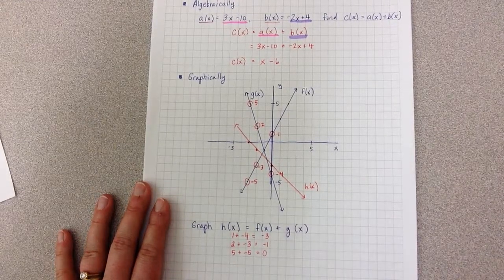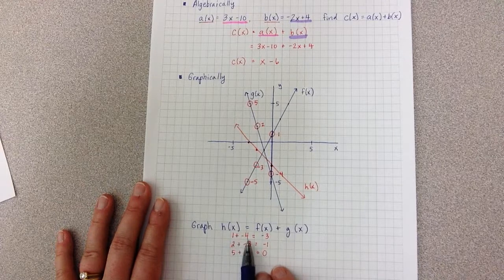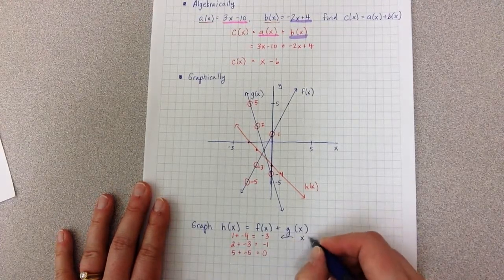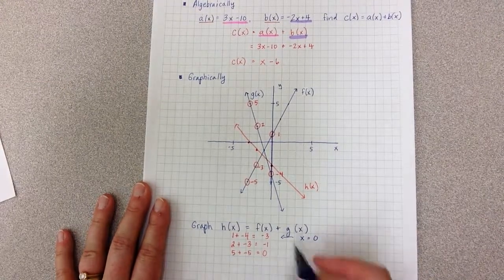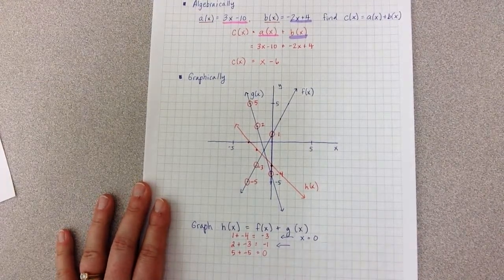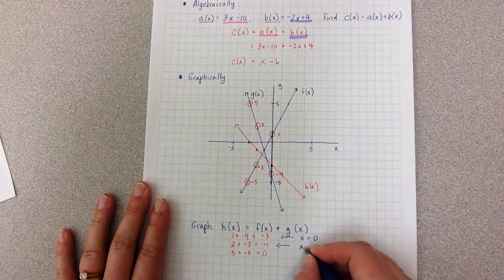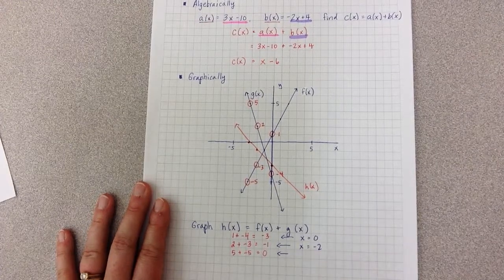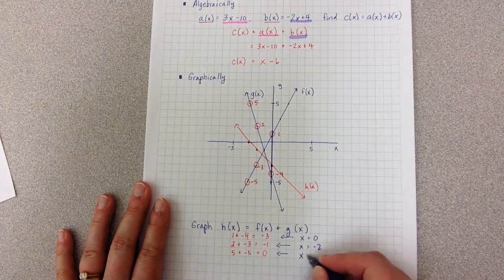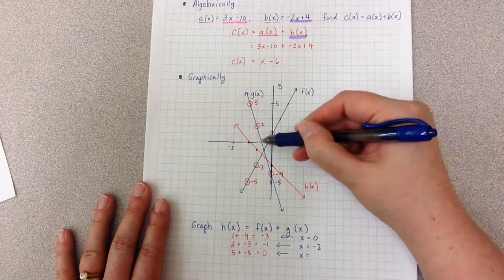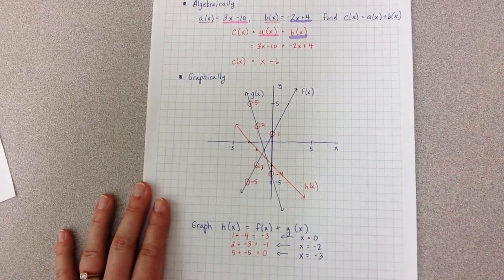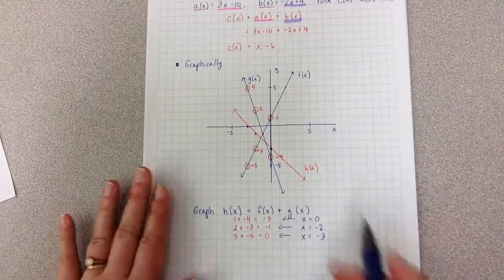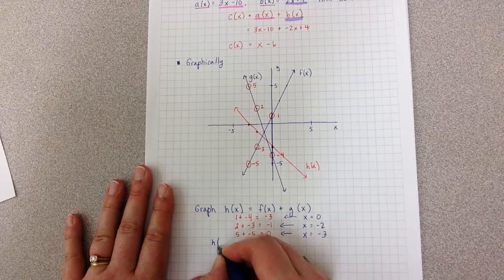So these values right here of 1 plus negative 4 went with an x value of 0. And these values went with an x value of negative 2. And these values went with an x value of negative 3.